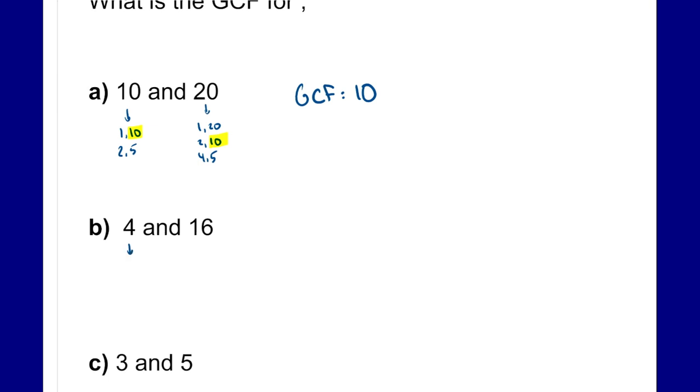If you want to break it apart, for 4 we have 1 and 4, and then 2 and 2. For 16, we have 1 and 16, 2 and 8, 4 and 4, and then that's it. We could repeat and say 8 and 2. That's the same thing. If I look for my greatest common factor, the greatest number that comes up in both is 4. So my greatest common factor is 4.